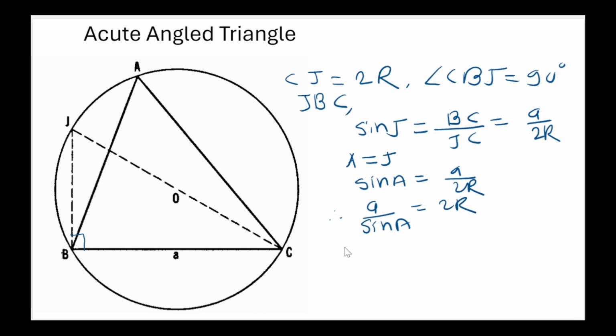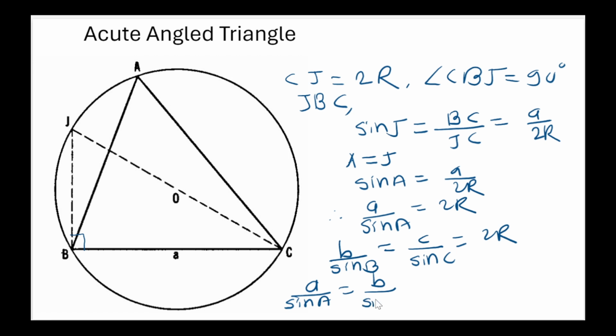Now, if we repeat the same process for the other angles B and C, we will get two similar relations, that is b upon sine B is equal to c upon sine C is equal to 2R. And therefore, we have proved that a upon sine A is equal to b upon sine B is equal to c upon sine C is equal to 2R for the acute angle triangle.